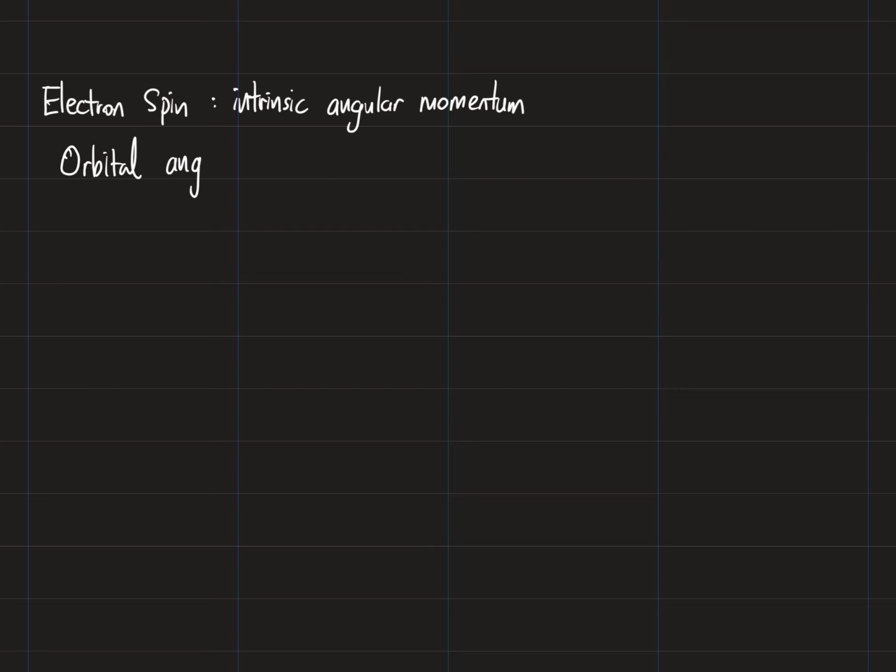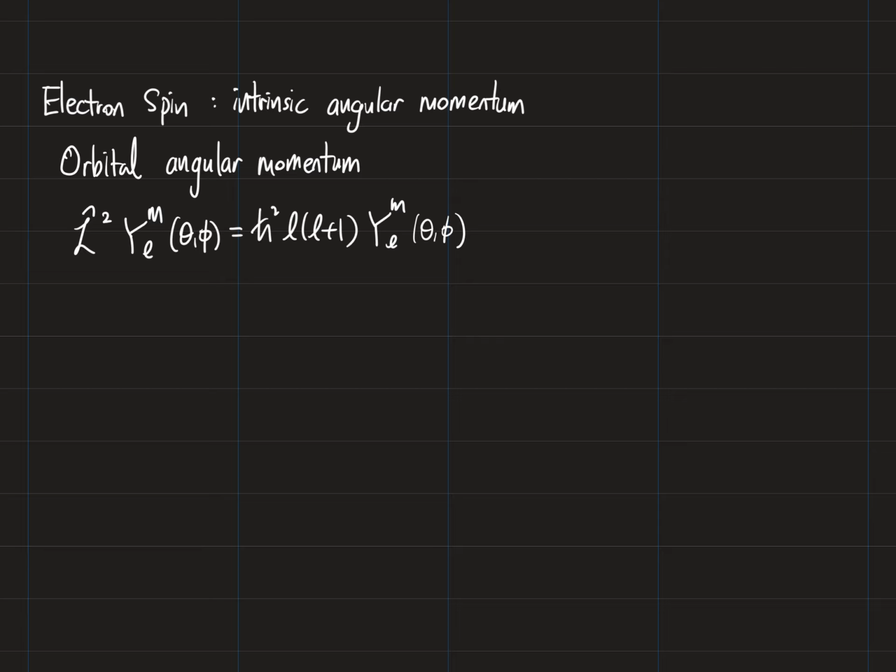Orbital angular momentum. So let's write down some expression for the total angular momentum square, and its eigenfunction is spherical harmonics, and its eigenvalue is h bar square l(l+1), like this.